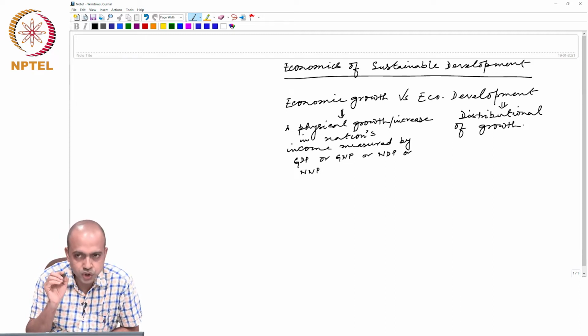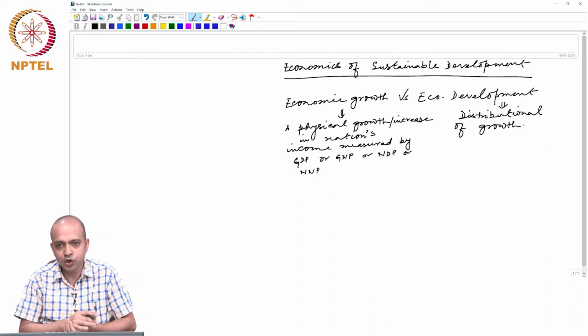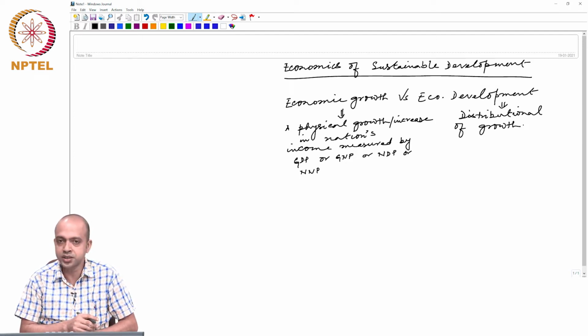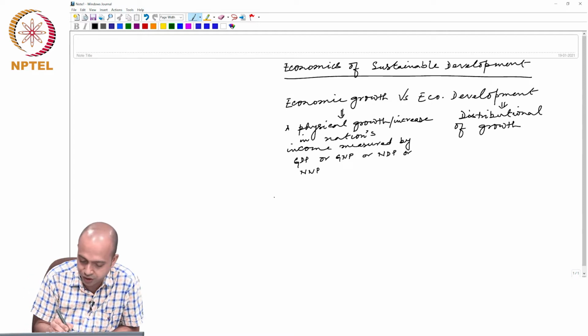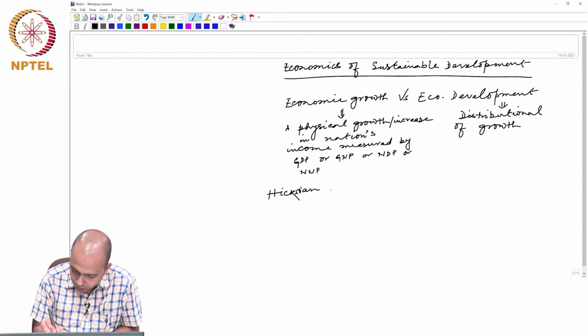It was John Hicks who first introduced the economic definition of income. That is why we will spend some time to understand the Hicksian definition of income.